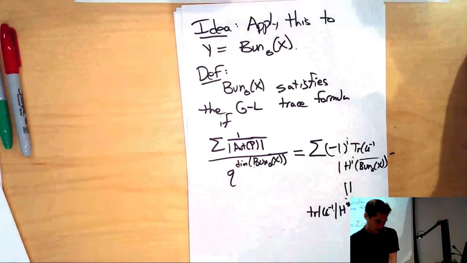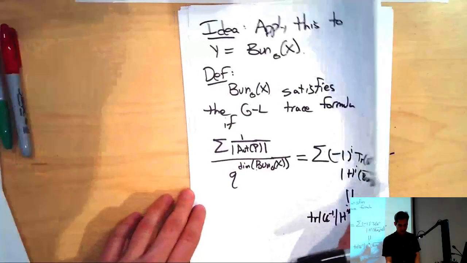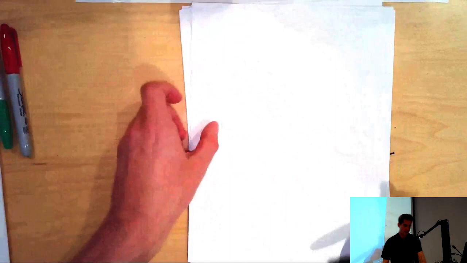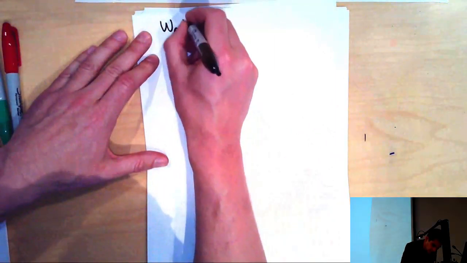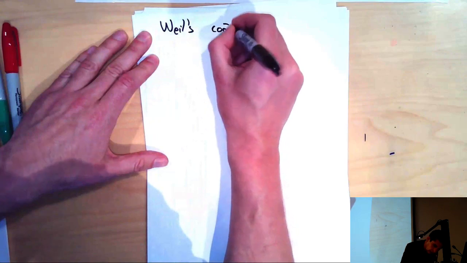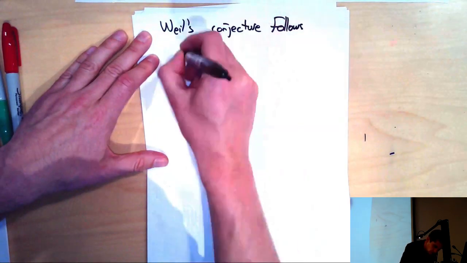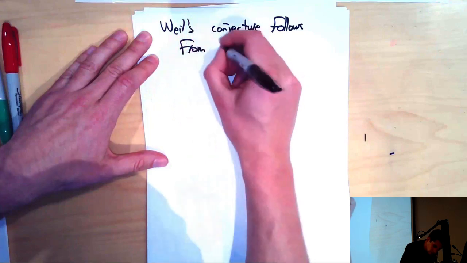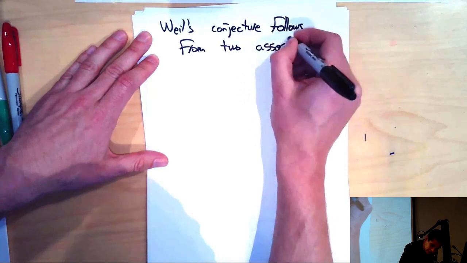And therefore, if you wanted to prove Weil's conjecture, you could try to do it in 2 steps. So Weil's conjecture follows from 2 pieces, or 2 lemmas, 2 assertions.